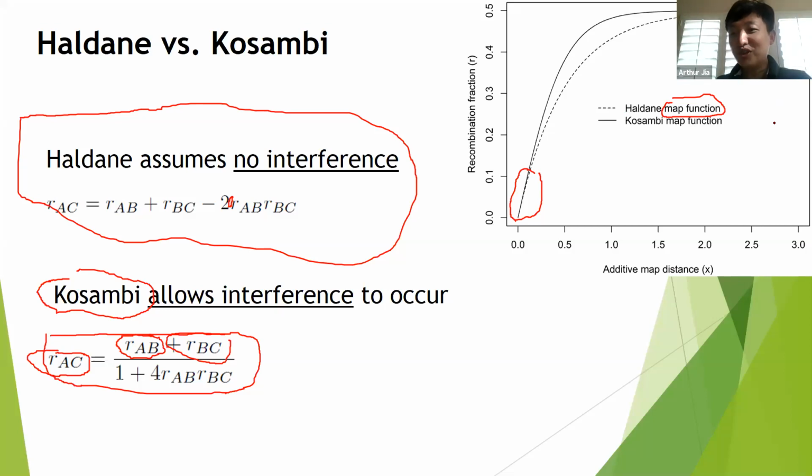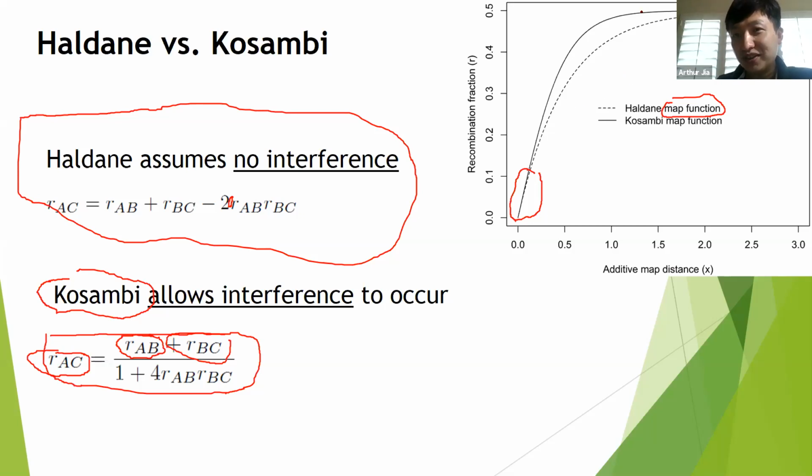If the distance is very short, there's very strong interference between these two regions, a complete interference, so these two functions are close to each other. They're doing the same thing. If the distance is too large, these two regions, 1 and 2, are completely independent, so these two functions are still performing at the same level.